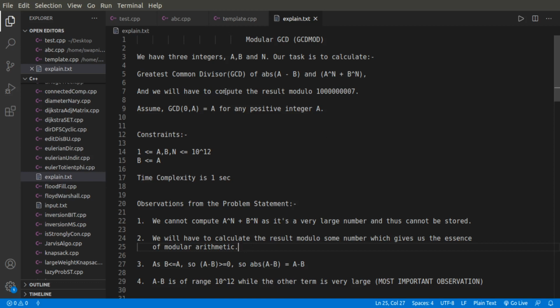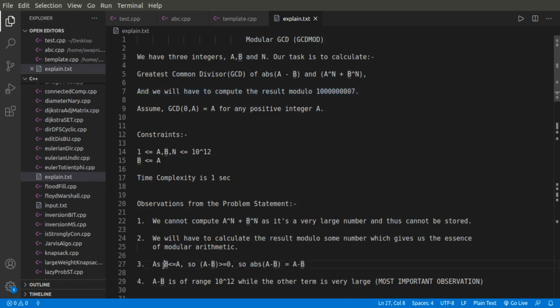Here it's written that we will have to compute the result modulo this term, so this gives us the essence of modular arithmetic. After reading the problem statement, this convinces us that the approach involves modular arithmetic or number theory.